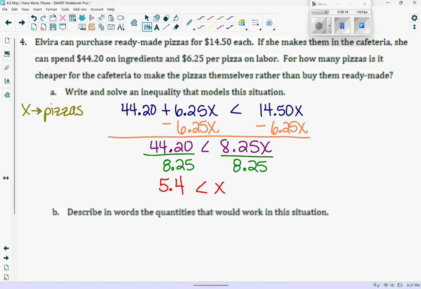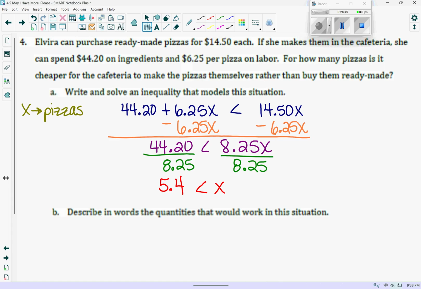Okay, so on this one, let's look. If I do 44.2 plus 6.25 times, I'm going to round up to 6 just for the heck of it. That's $81.70.